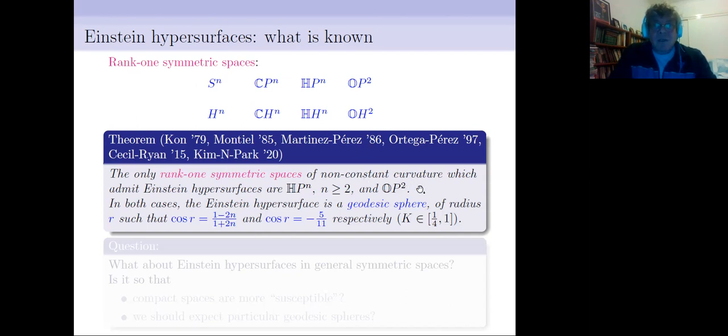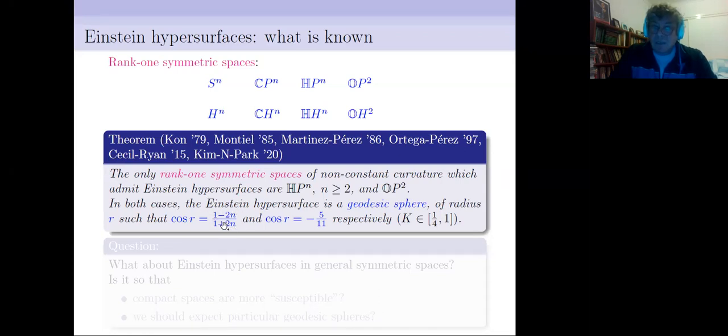And even in rank 1 symmetric spaces, we have only 2 of them which contain Einstein hypersurfaces. So it's quaternionic projective space and the Cayley projective plane. And in both cases, the corresponding hypersurface is a geodesic sphere of a very particular radius.